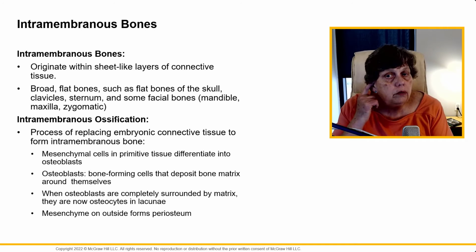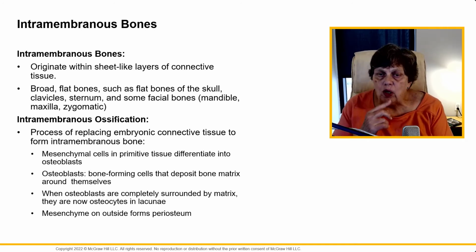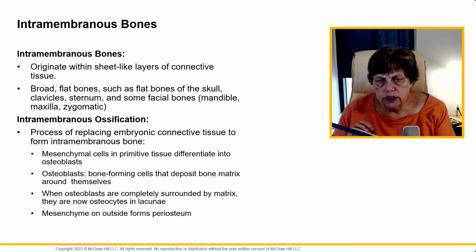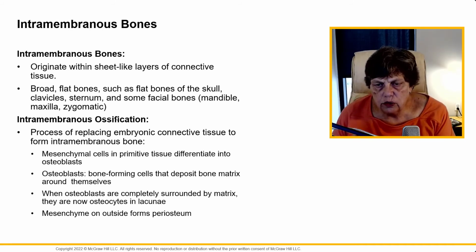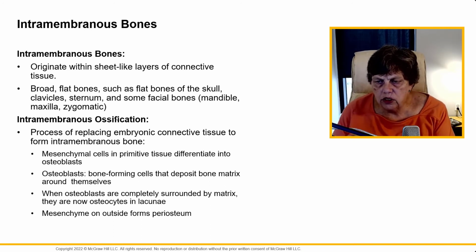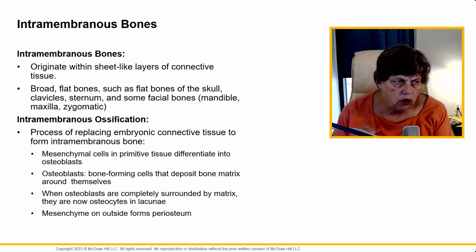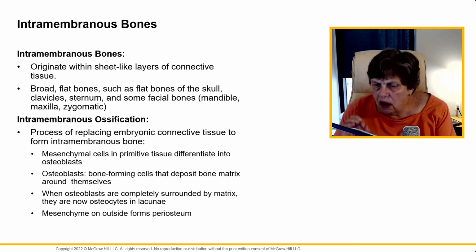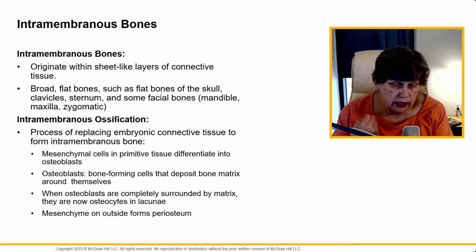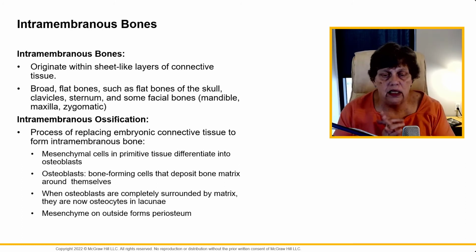So the intramembranous bones, you have the sheet-like layers of connective tissue, and they are laid down. In terms of the ossification process, you have these primitive tissues differentiate into what we call osteoblasts. Osteoblasts, when you hear the term blast, that means it's an early cell, whatever kind of cell it is.